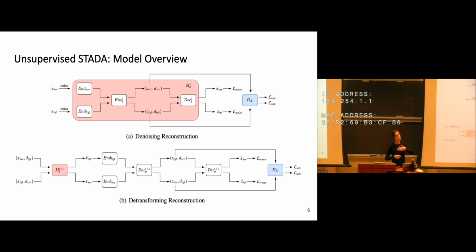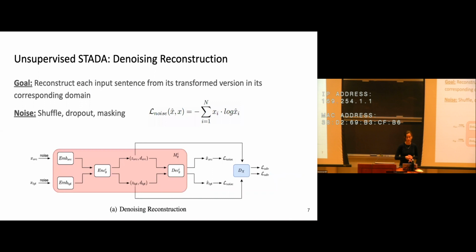We map those through the embedding layer for the corresponding domains. And then we give them to an encoder-decoder that is trying to recover the original sentence that has been transformed. And here we have the same domain classification using adversarial training.